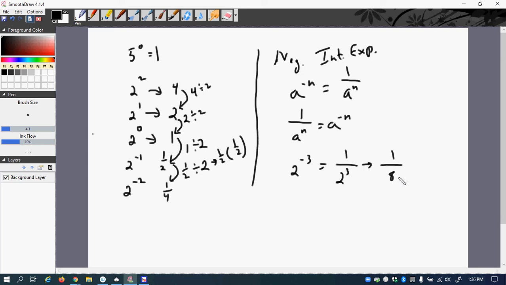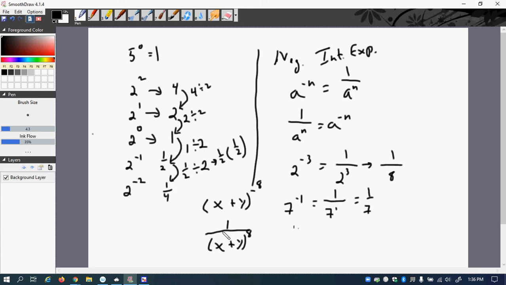Let's do 7 to the negative 1. That's really 1 over 7 to the 1, which is just 1/7. And we have parentheses x plus y to the power of negative 8. We transform it into 1 over x plus y to the positive 8. And so this is how these problems work.